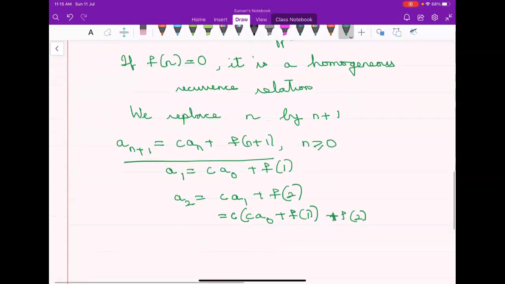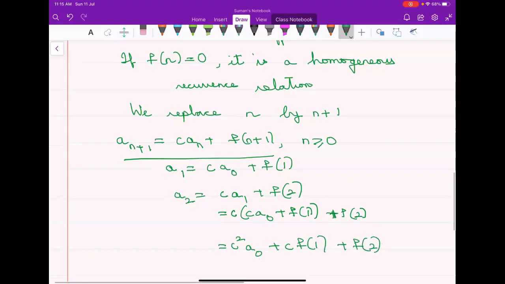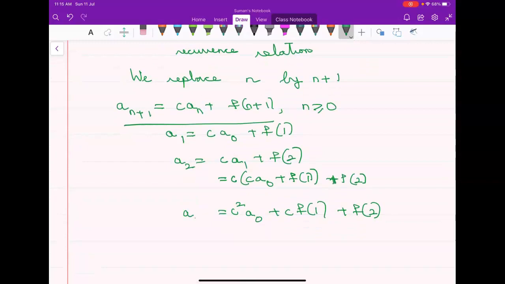So that would give me, if I open the bracket, c squared a0 plus c f of 1 plus f of 2. And continuing, this would be your a2. Similarly, you can get a3 as c a2 plus f of 3, substituting in equation 1.